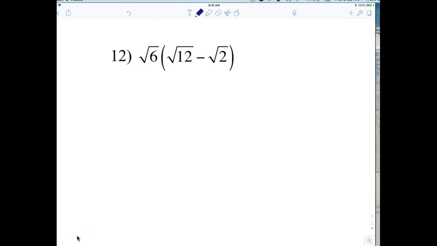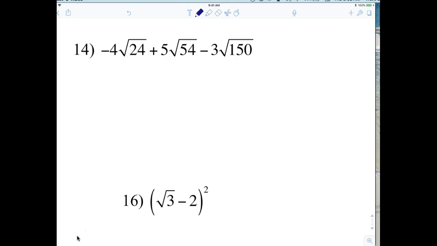Now here, interesting. Square root of 6 times the square root of 12, there's a common what? 6. So it's, all right, now with 6 and 2, there's a common what? 24 becomes negative 8 radical 6 plus 15 radical 6 minus 15 radical 6.